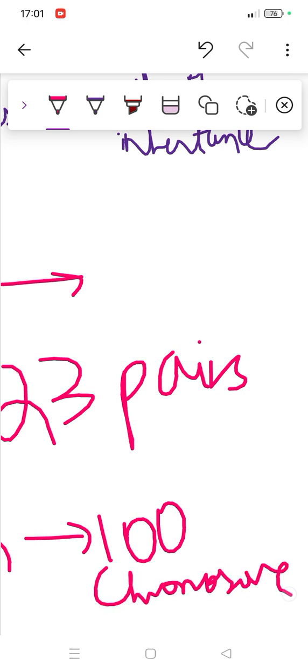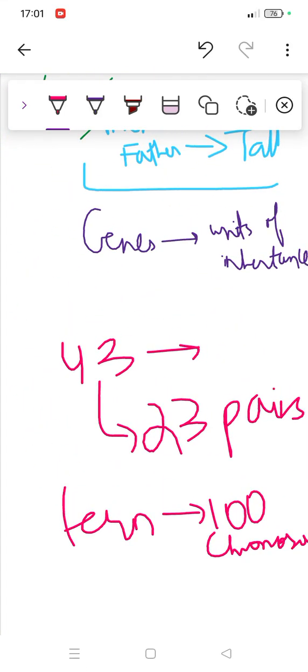Even in the textbook there are a few important things written about corn, but when we read it out we'll know that as well. This is all about chromosomes. I hope it is very clear.